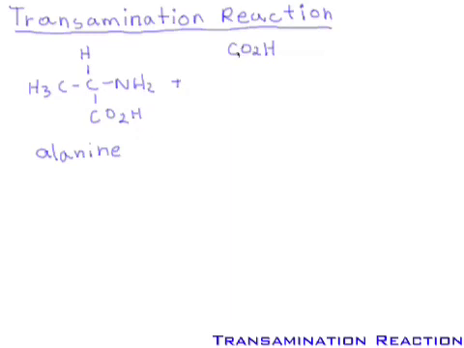Alpha-keto: the carboxylic acid is located here, the alpha carbon is here, so if it's alpha-keto, that means it's a ketone. And glutaric acid, remember, had two CH2s and a CO2H.